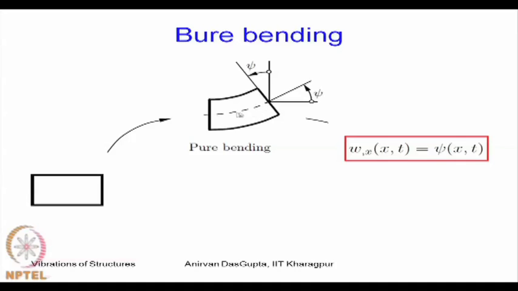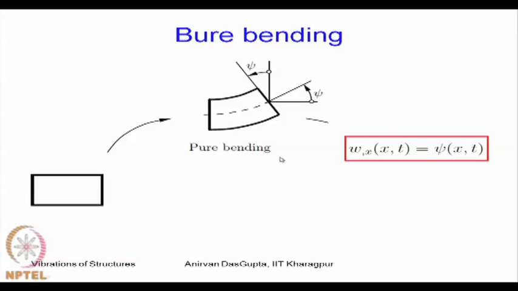This is the neutral fiber or the neutral axis, and the cross section maintains this orthogonality with the neutral fibers. This is known as pure bending. In this case, the slope is nothing but this angle psi that I have indicated.